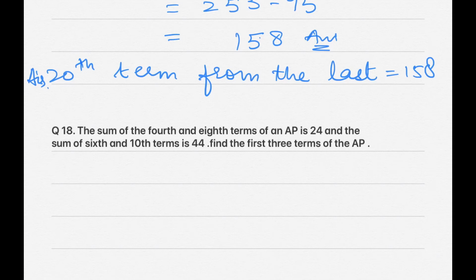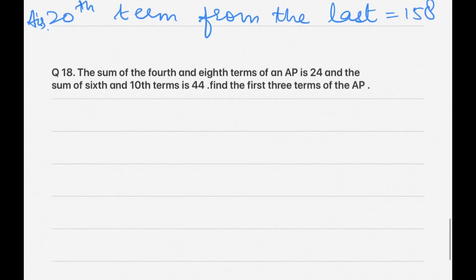Question number 18 says the sum of the fourth and eighth terms of an AP is 24 and the sum of sixth and 10th term is 44. Find the first three terms of the AP. So we have to find out the AP. For an AP we need the first term and the common difference. So now let's start the solution.